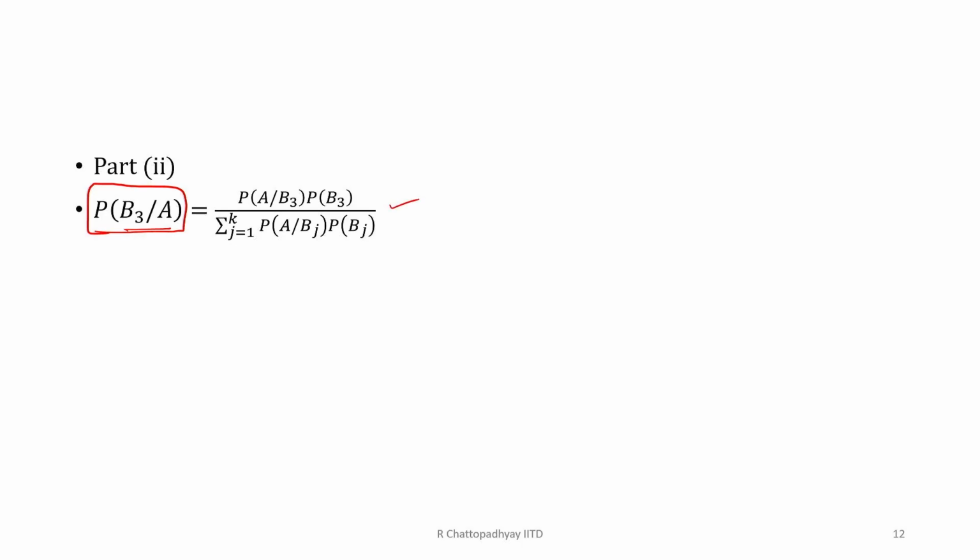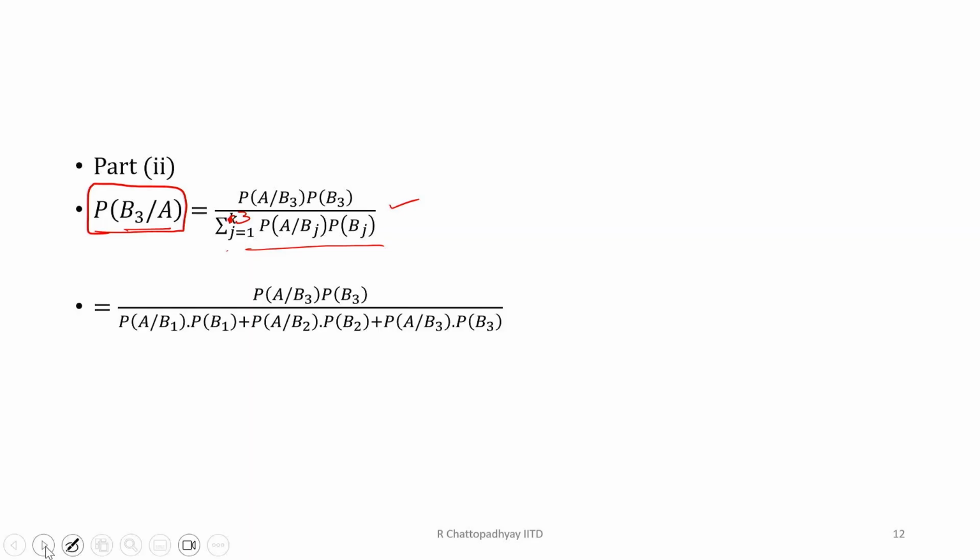That will be P(A given B3) into P(B3), and in the denominator, the sum of P(A given Bj) P(Bj), j from 1 to K. In this case, K is 3, so it will be 1, 2, 3. This is the expanded form of the same thing.